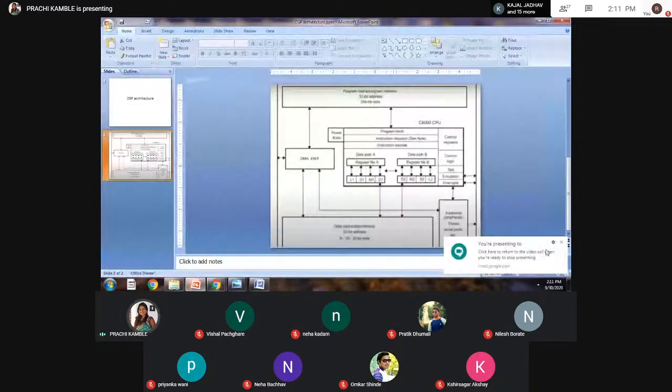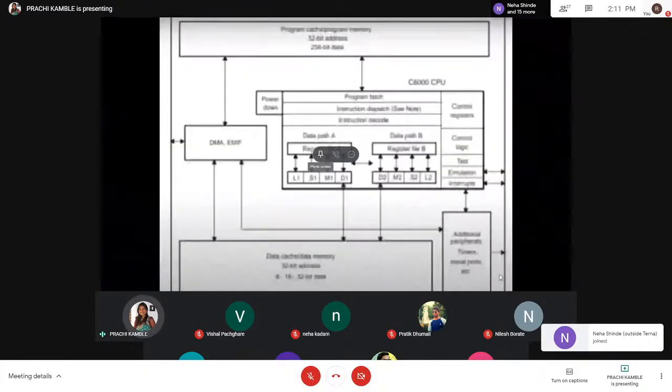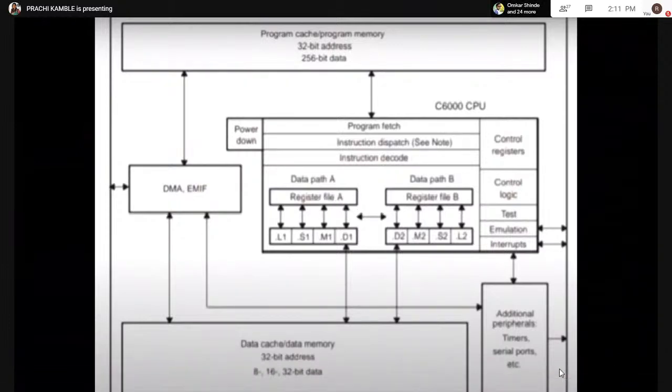So let's start with the architecture, and then we'll also study the additional peripherals. Okay, so as we have seen, the whole architecture is divided into four blocks.